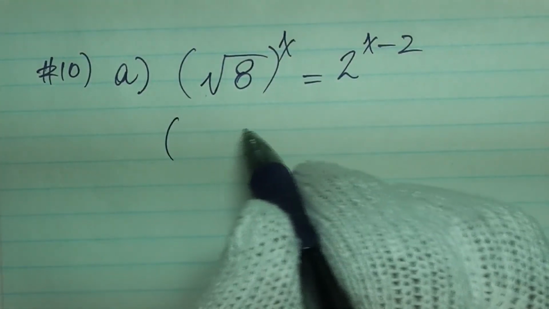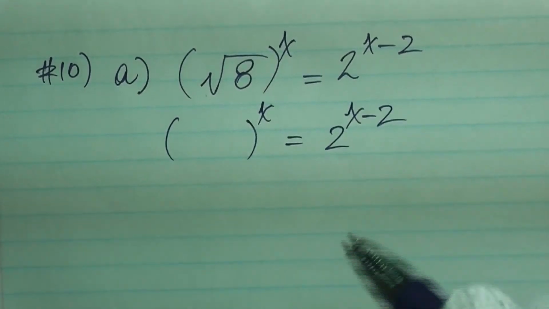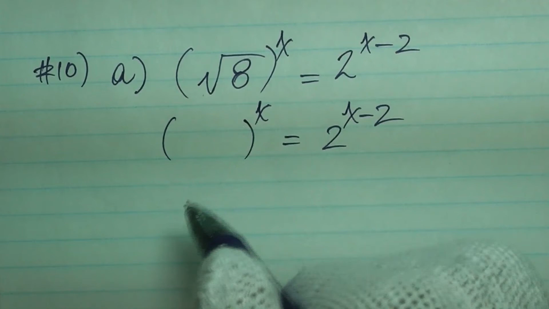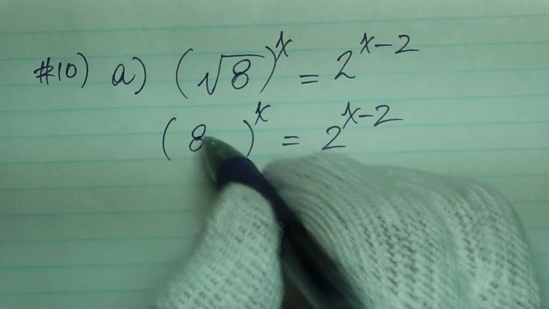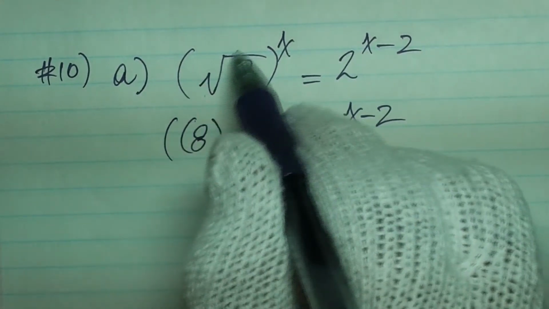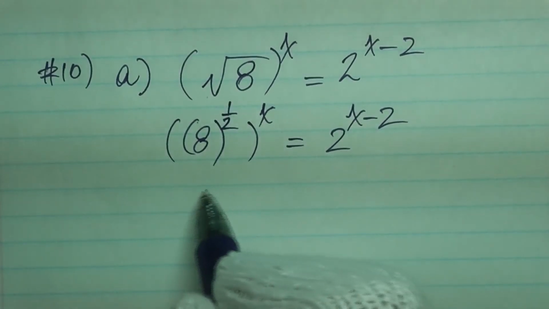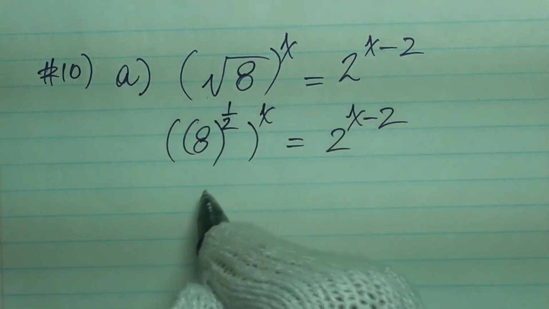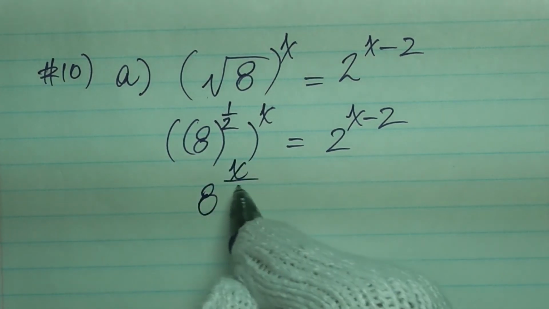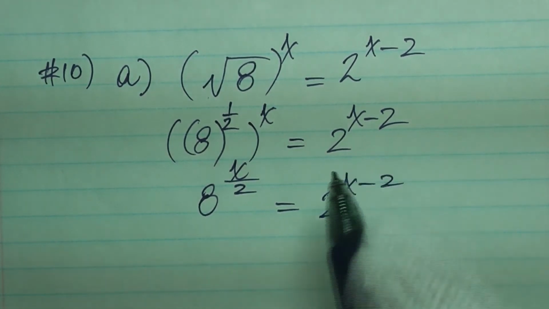I'm going to start off. I'm going to do multiple transformations here. First of all, keep in mind that the square root basically means 1 over 2. Next, this basically means x times 1 over 2. Why?